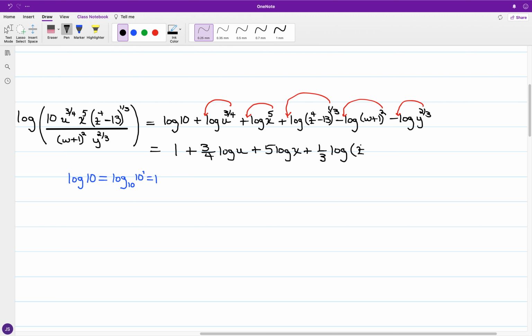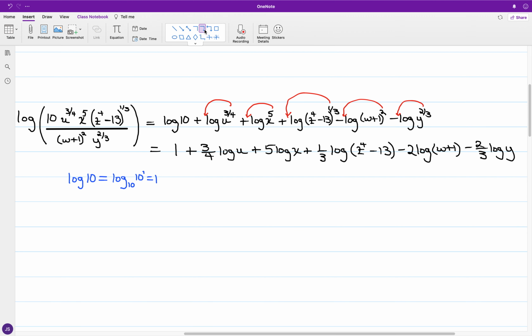The z to the 4th degree all stays in the attachment. Then we have minus 2 times the base 10 logarithm of the quantity w plus 1. And finally, we have minus 2/3 of the base 10 logarithm of y.